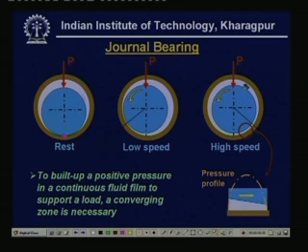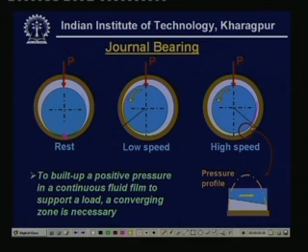Now, when it goes to a higher speed, what happens is that this oil will have a continuous film.